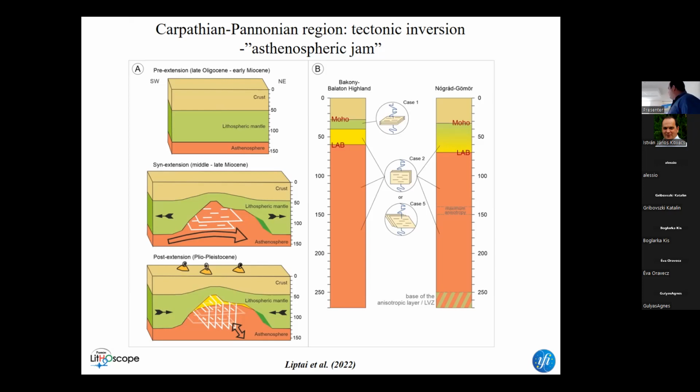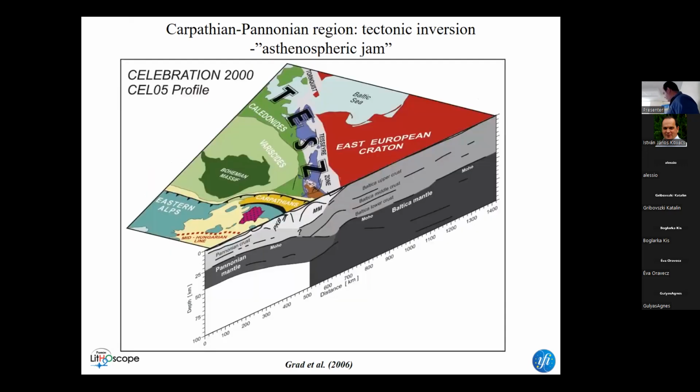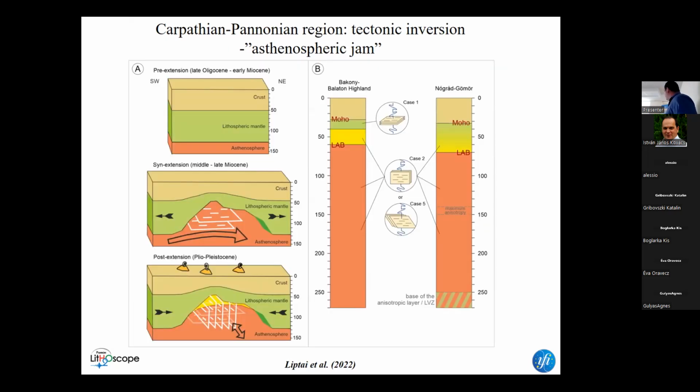And the most probable solution is that we have a vertical foliation in the asthenosphere. This is for the present day asthenosphere beneath the region. And the lineation is horizontal. And we think that this is perpendicular to the present day convergence between the Adriatic indenter and the Trans-European suture zone.